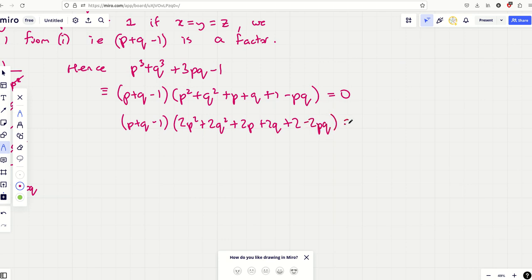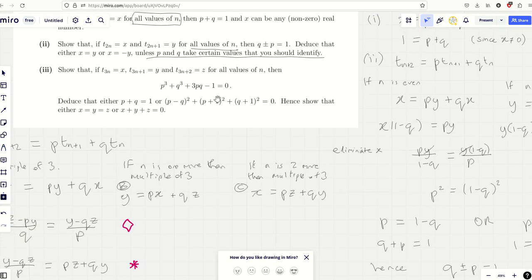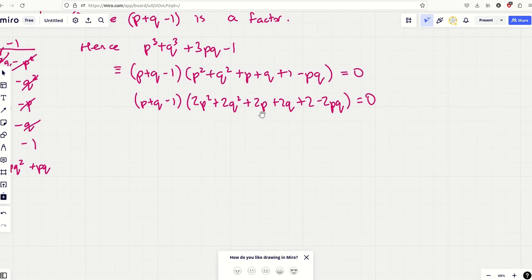Yeah. Now you might think, why have I doubled it? Well, firstly, double zero is 0, and secondly, I'm looking where I'm going. Yeah. If you look at this, I want to end up with a p squared plus 2p plus 1. 2p note. I want a q squared plus 2q plus 1. 2q note. So that's why I've got, look at that, I've got a p squared in there.